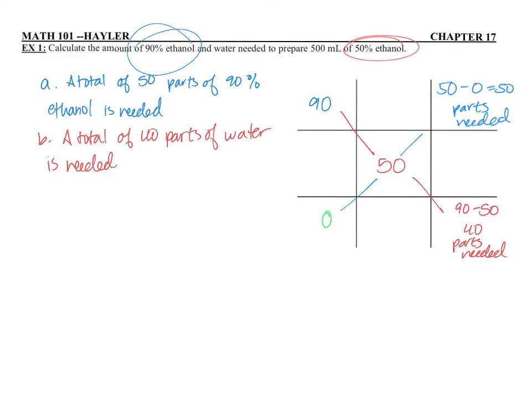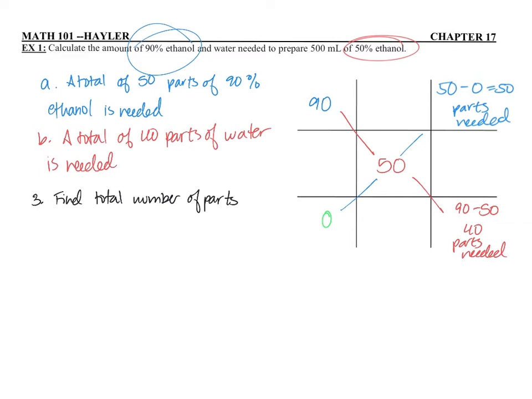Okay, so step 3, the third step we're looking at, is we're going to find the total number of parts. I'm going to do this by adding the two values in the right column.